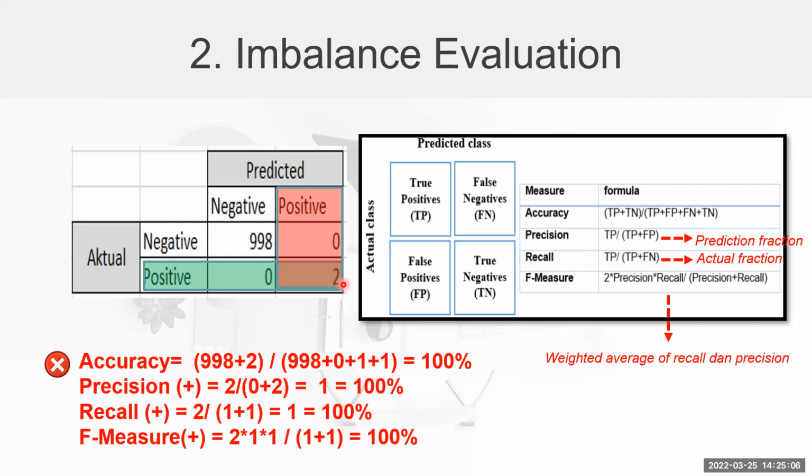We can see precision is 2 divided by 2 plus 0, 100%, and recall is 2 divided by 2 plus 0, 100%. If precision is 100 and recall is 100, the F measure for the positive class is also 100. This is the ideal case that we want to achieve.